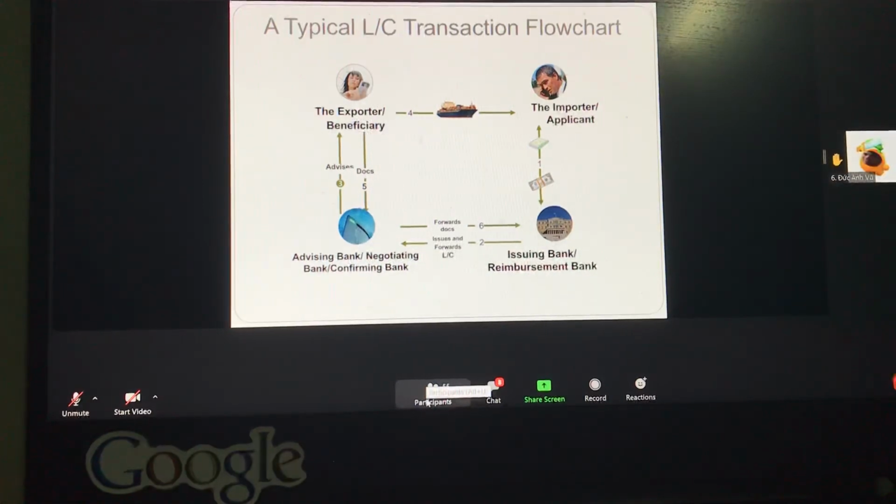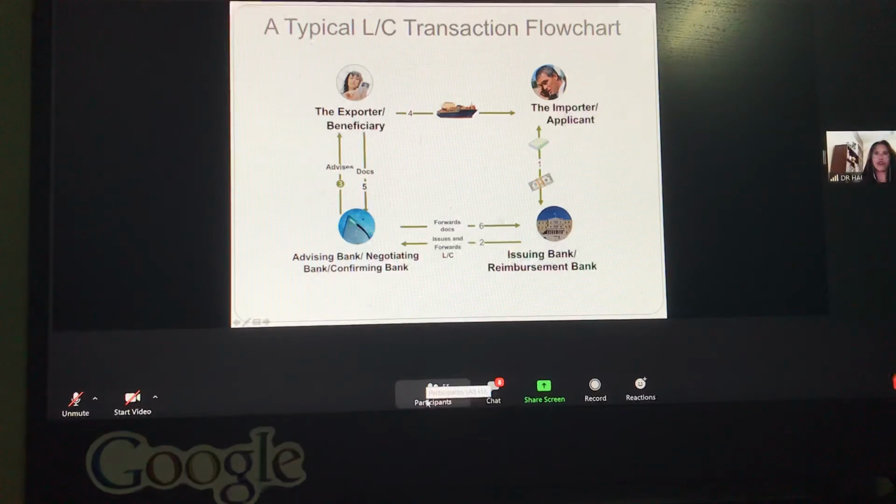Yes, it is the exporter, right? Okay. What do you think about the bank of the exporter? Look at the slide. Step number 5. Beneficiary, I mean the exporter, presents documents to the nominated bank, right? Is that clear for you? Okay. Now my suggestion.